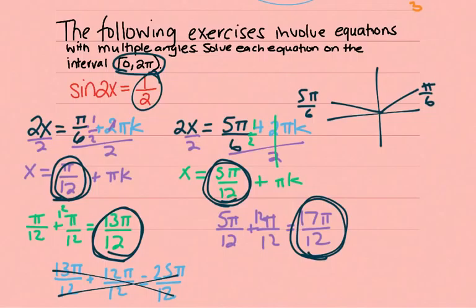So when you're doing multiple angles, and let that be the key for you, the directions will say multiple angles, okay? You find your angles plus the 2 pi k or the pi k if it's tangent, and then you want to solve for x and see if you can keep adding whatever that 2 pi k over what you're dividing by would be. In this case it was pi, so I had additional answers.